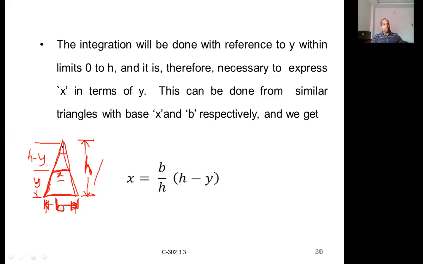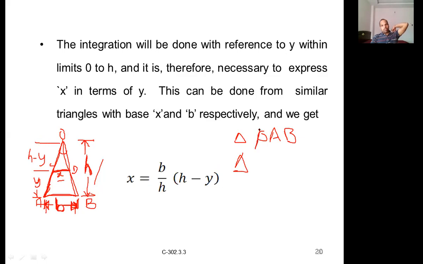Now if we take the triangles, let us say triangle OAB and triangle COD.